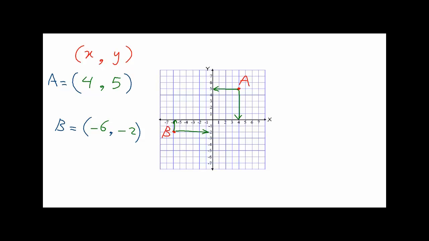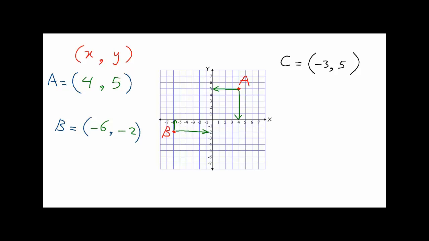Also, if we have a point whose coordinates we know, such as point C, which is the point negative 3 and positive 5, let us try to plot this point on the plane. We move from the center of the plane, which is the origin.